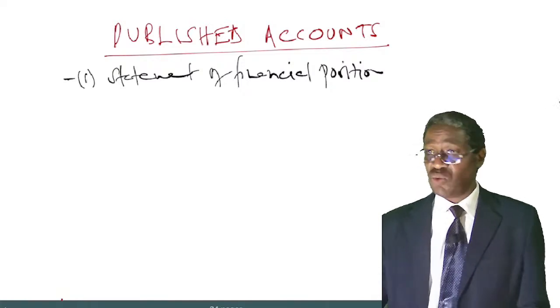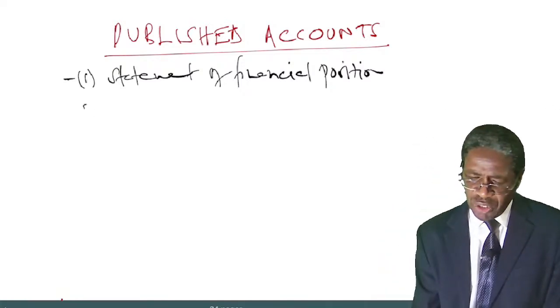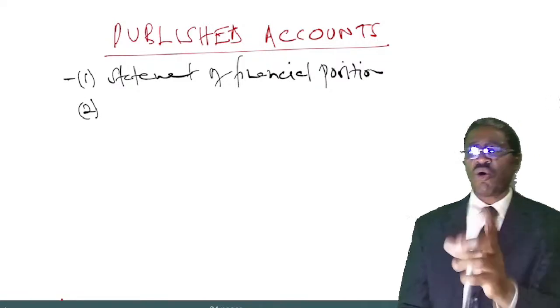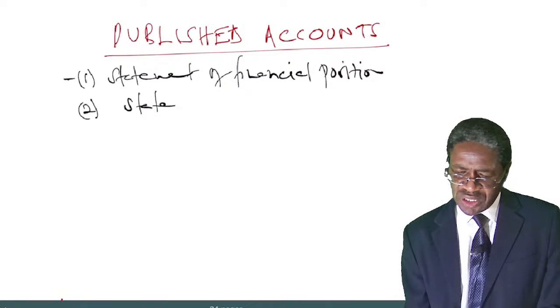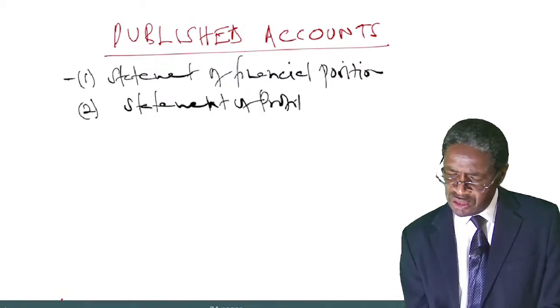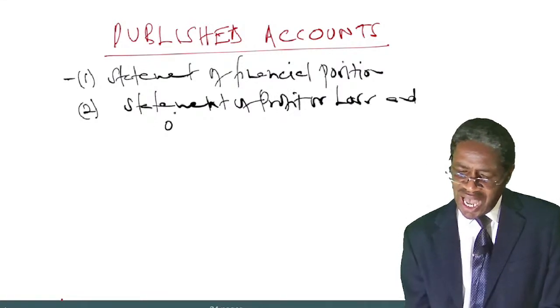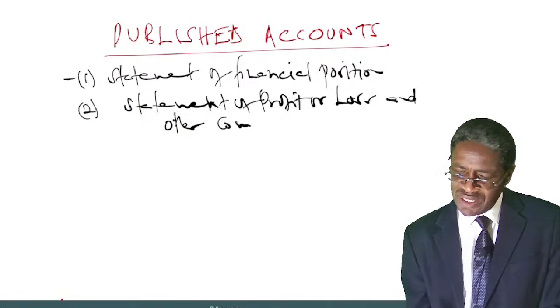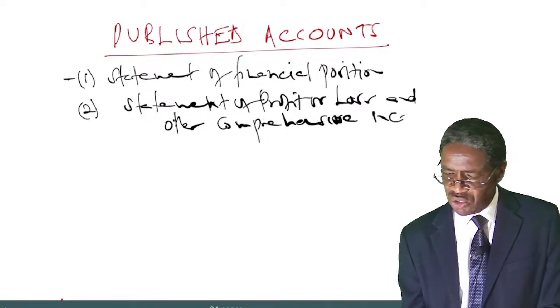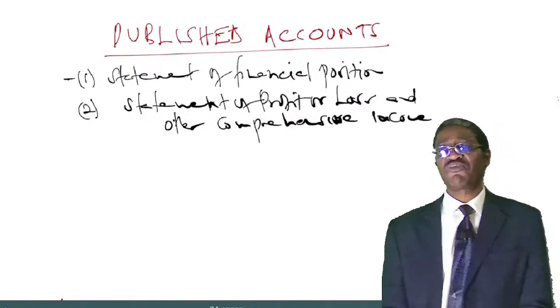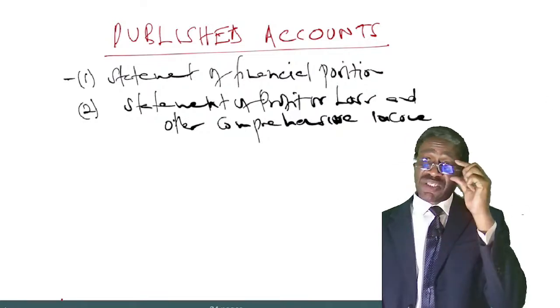Okay, that's one. The second component you should include in a complete set of financial statements is what we call the statement of profit or loss and other comprehensive income.